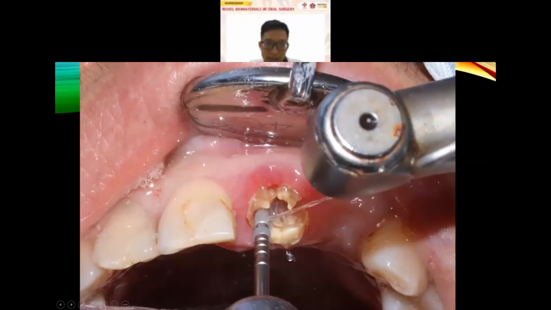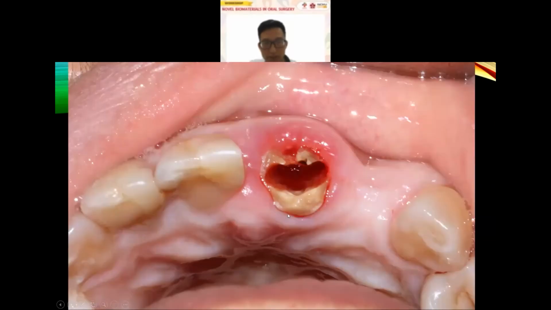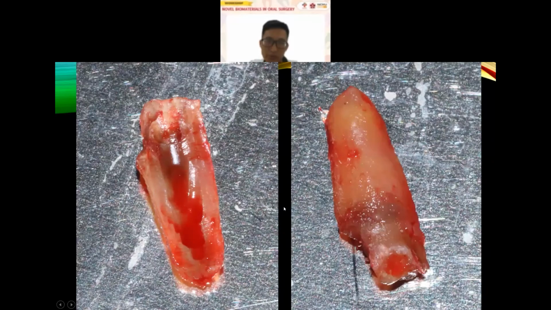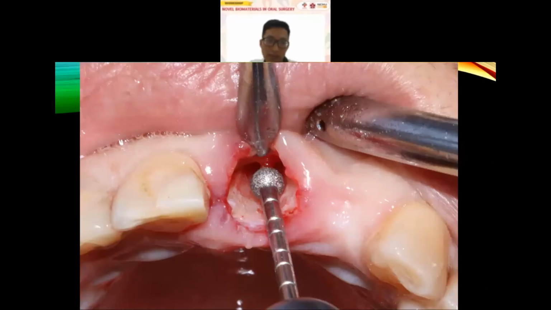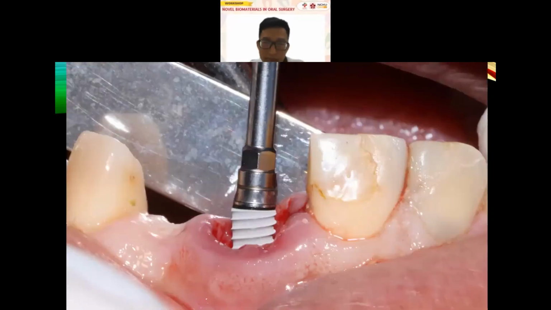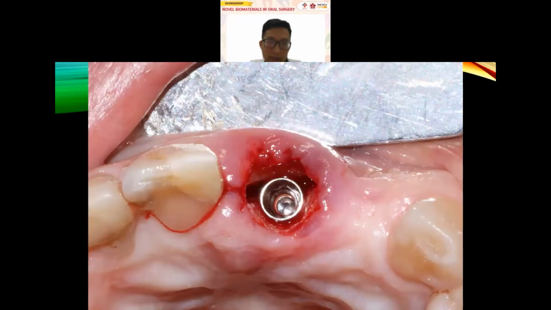In the central incisor, I use the socket seal technique, and in way, I use the burr to divide the root into two parts, first the buccal and the second the palatal, and remove the palatal part of the root, trim the remaining part in the buccal, and drill and place the implant in this area.